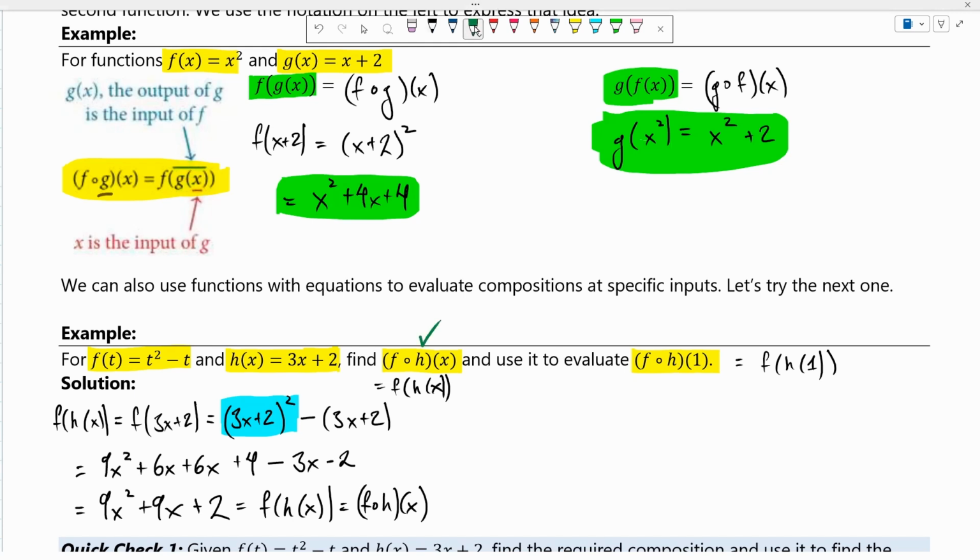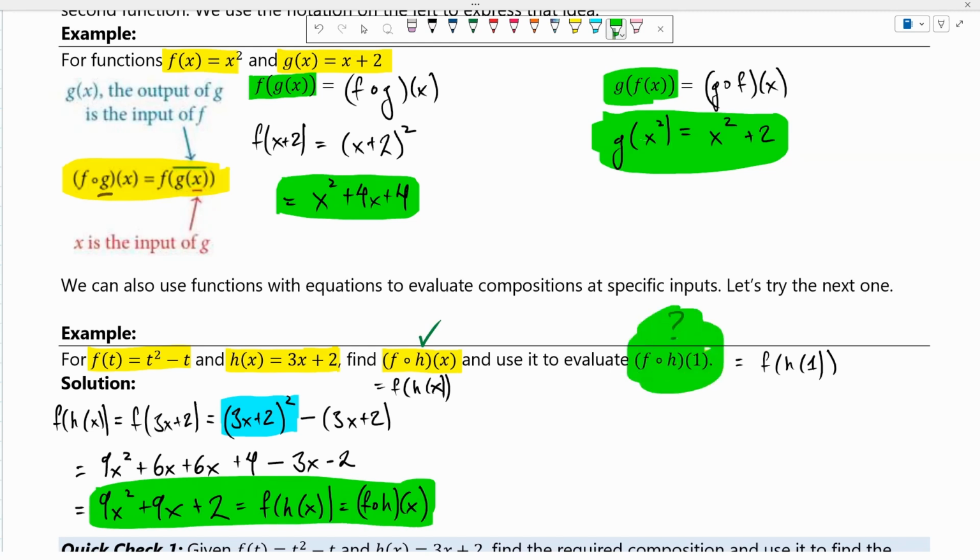That takes care of this, but we have to do this now: what's f of h of 1? Well, we have the function itself, which is our composition. What this thing is, is us plugging 1 into our composition function. That's it.